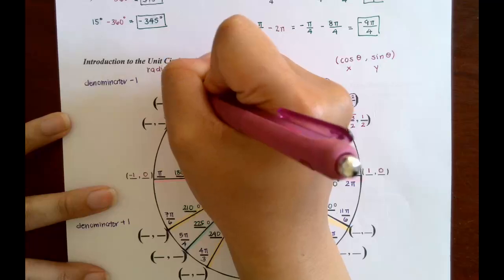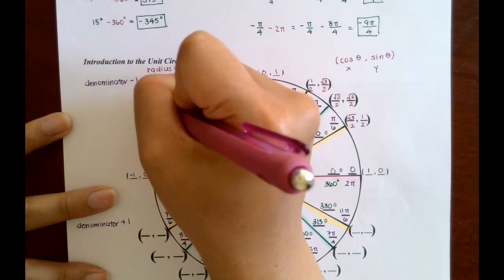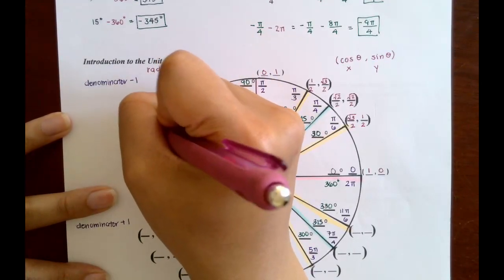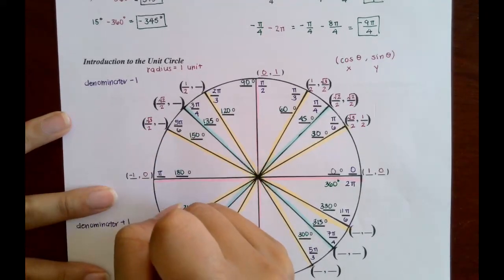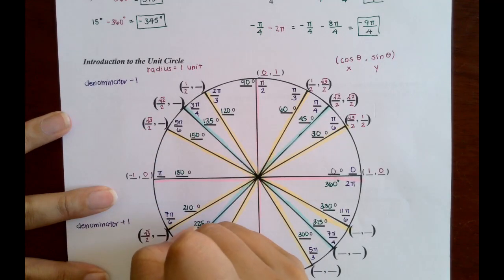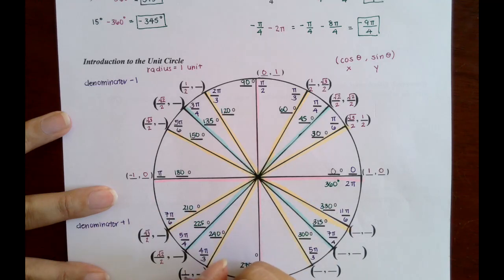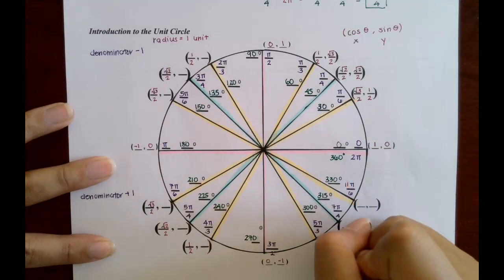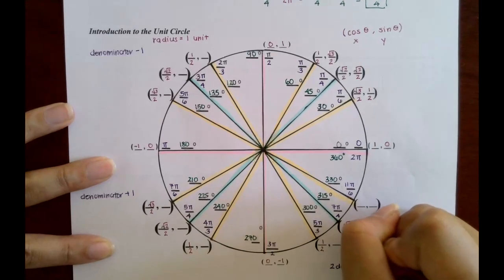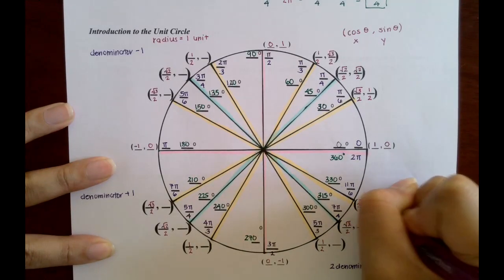So this is going to be 1 half, square root of 2 halves, square root of 3 halves. Then, taking it to here, it'll be square root of 3 halves, square root of 2 halves, square root of 1 half, which is 1 half. And since this one is 1 half, taking it over, 1 half, square root of 2 halves, square root of 3 halves.